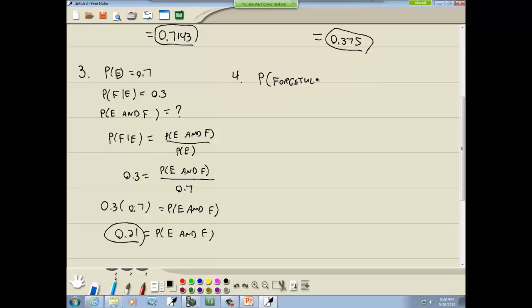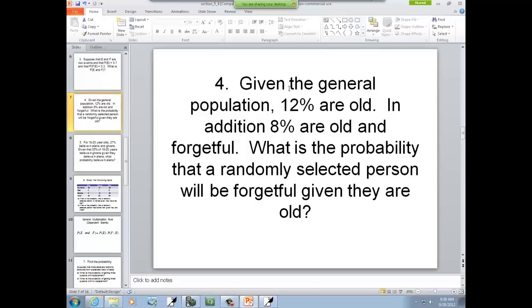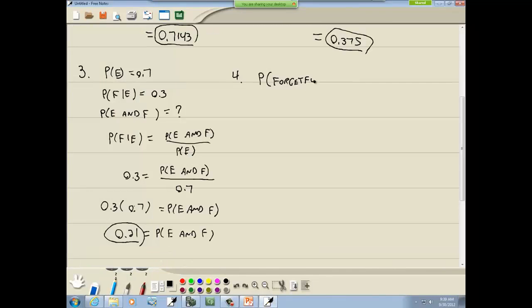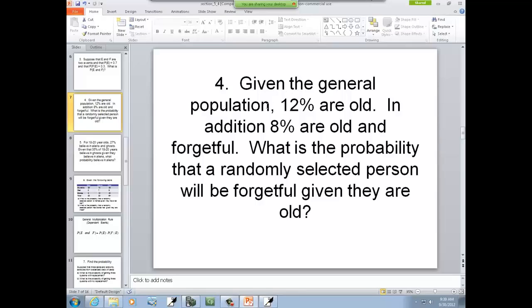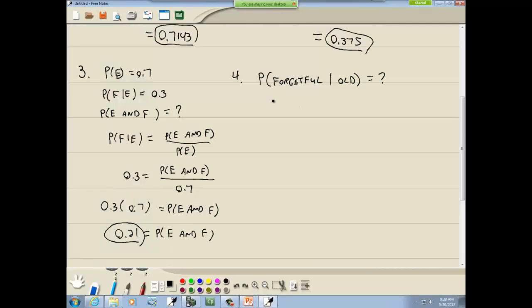So forgetful, or can't spell. Forget, F-U-L, yeah. Given they are old. This is what they're asking for. Up above they said given the general population, 12% are old.